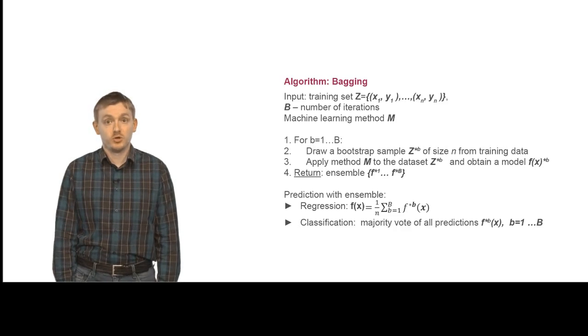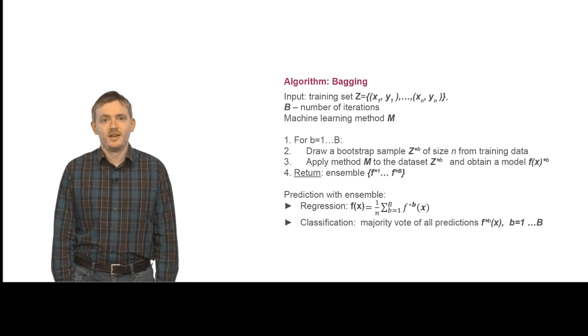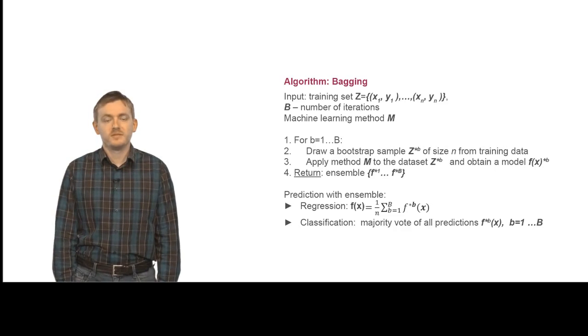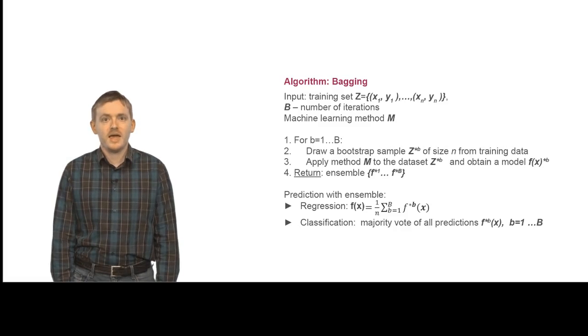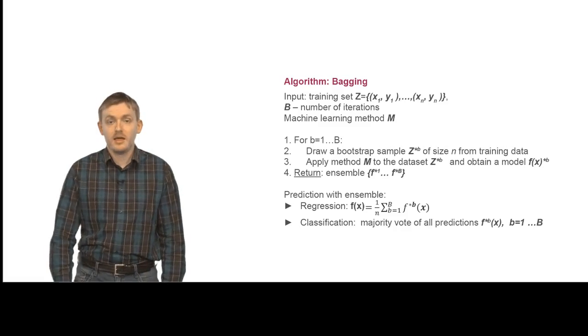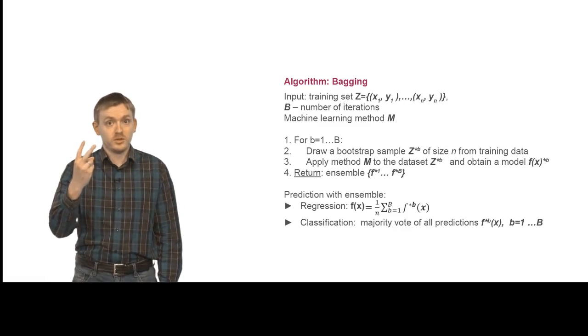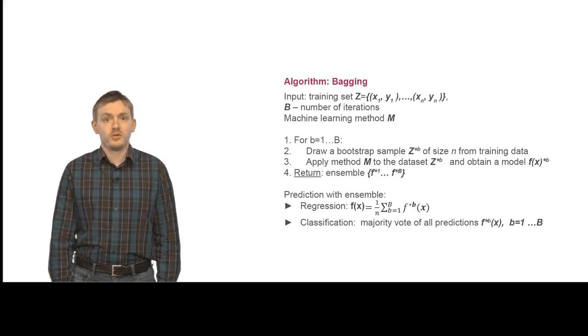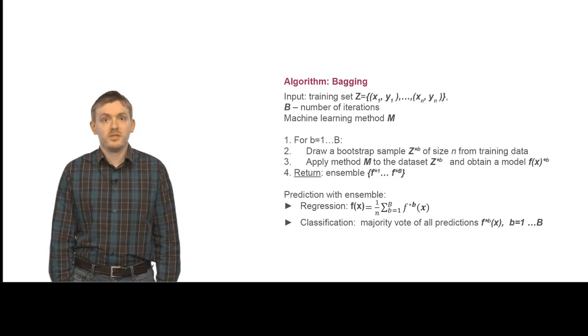What is the majority vote? Consider an ensemble with 5 models. And if 3 models vote for the class number 1 and 2 other models vote for the class number 0, then the majority vote will be the class number 1.